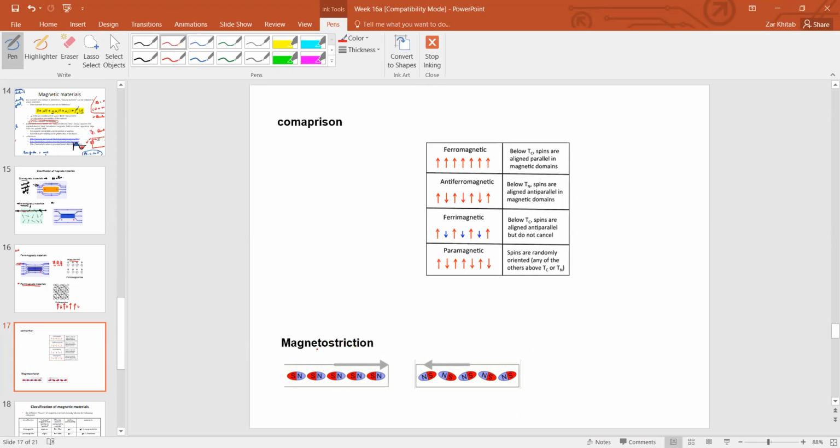So this is how this phenomenon is called magnetostriction. If the internal atomic spin, which creates an internal magnetic moment, aligns itself to the external magnetic field strongly, you get very strong magnetism.